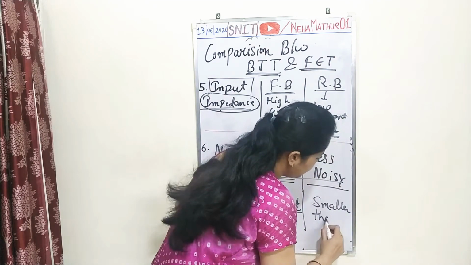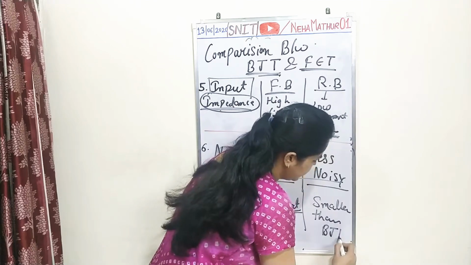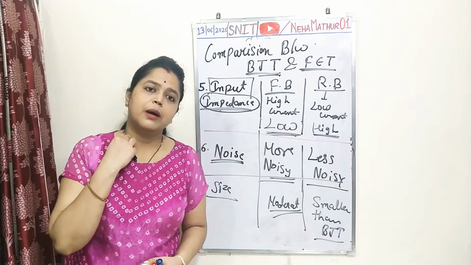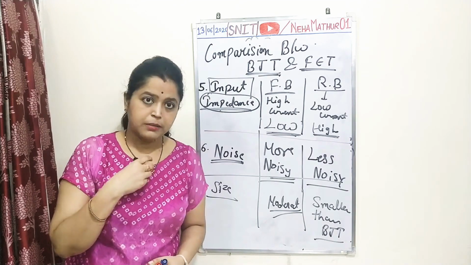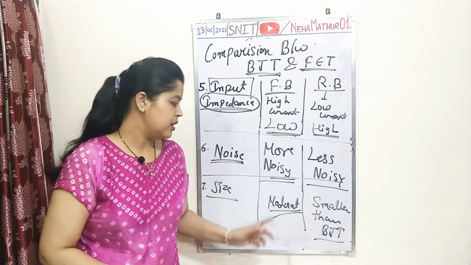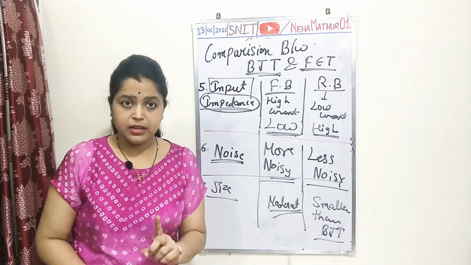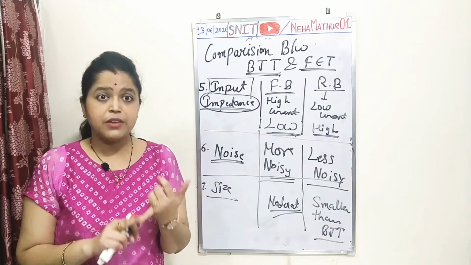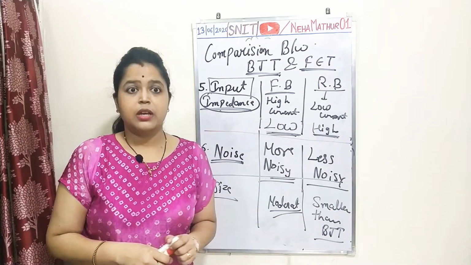Here the sizing depends on the level of doping, but FET is always smaller than BJT. This is the reason that in industry all the ICs are fabricated with the help of FET.